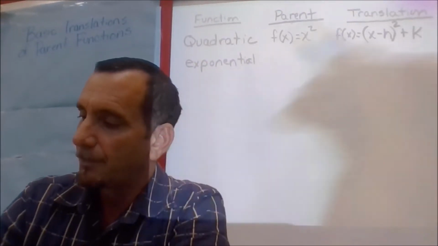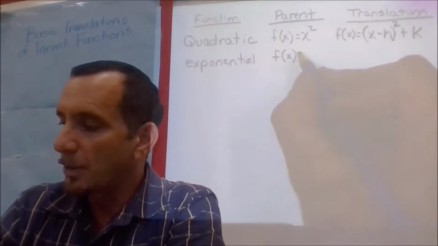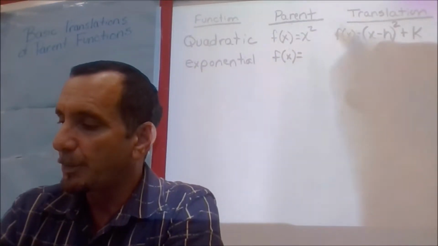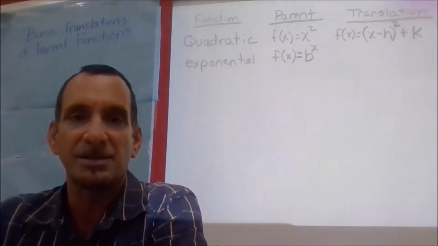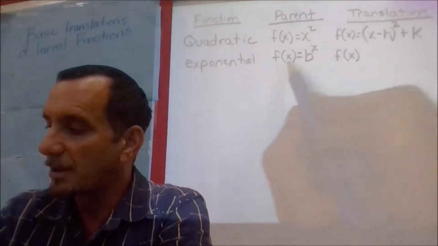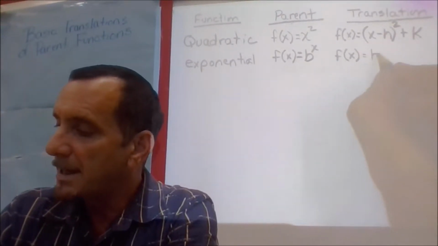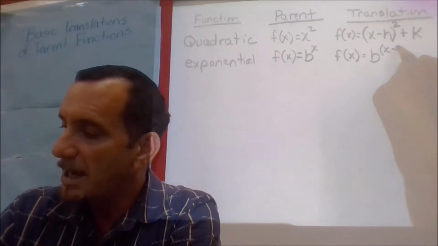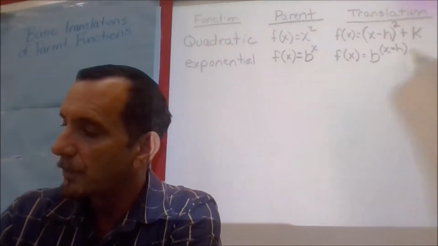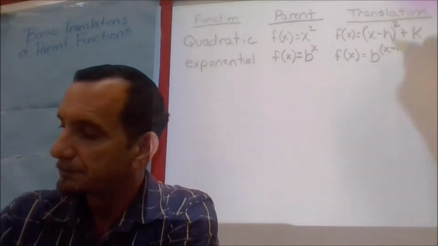We've got a basic exponential function with a variable in the exponent, and that's some base raised to the x. Translation of the exponential function is b to the in parentheses x minus h, and all of that plus k.